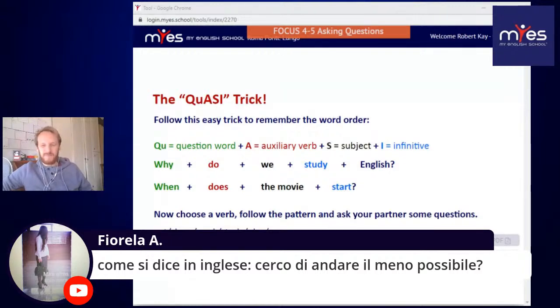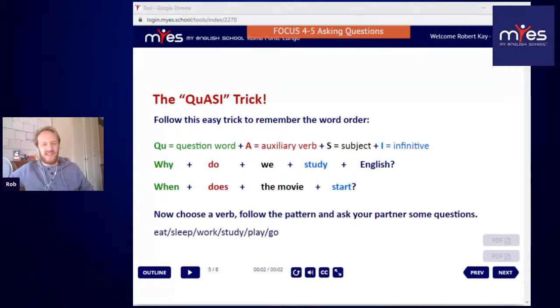Definitely. Yeah, you don't want to go lots to the supermarket because of the big queues, lots of people. This is a queue. I think fila in Italian, but it's a queue in English, or a line.